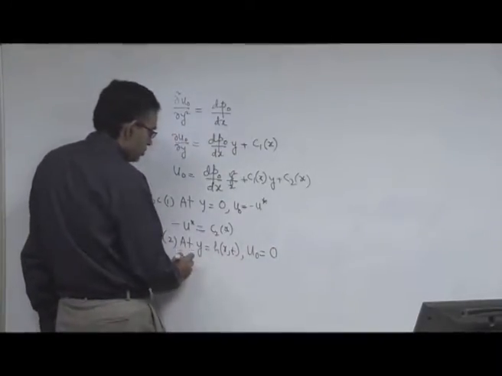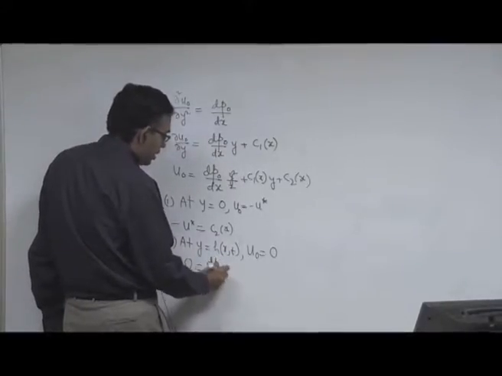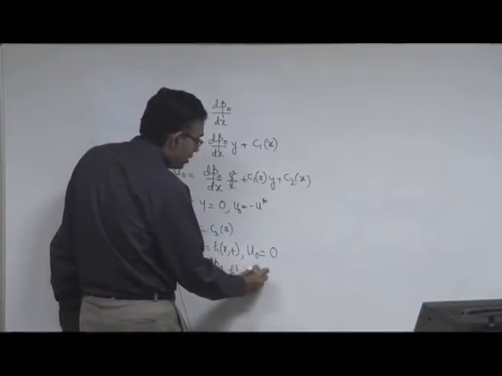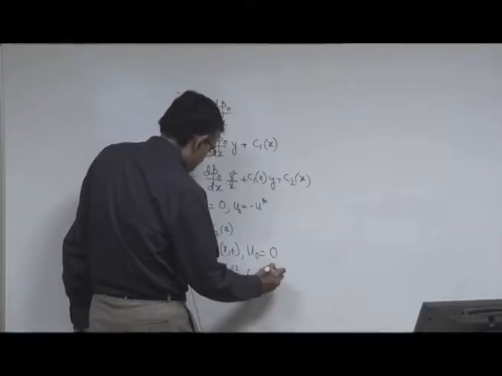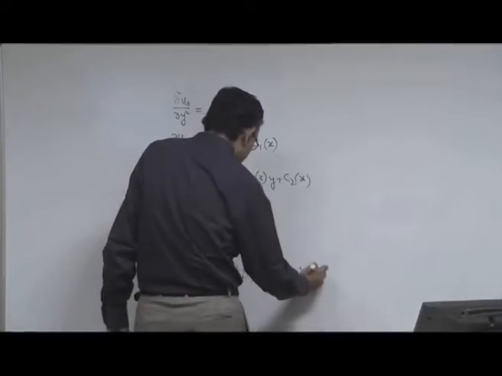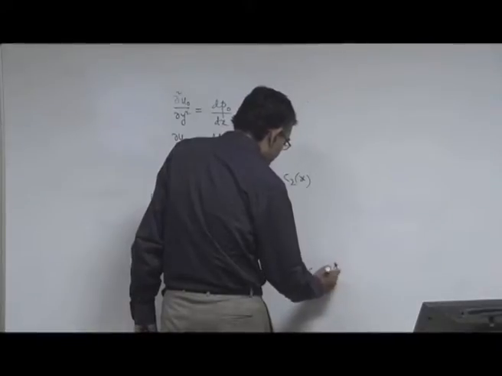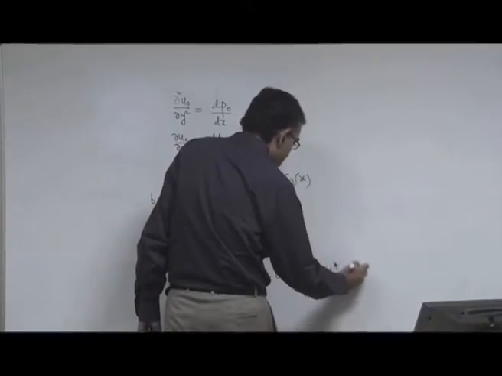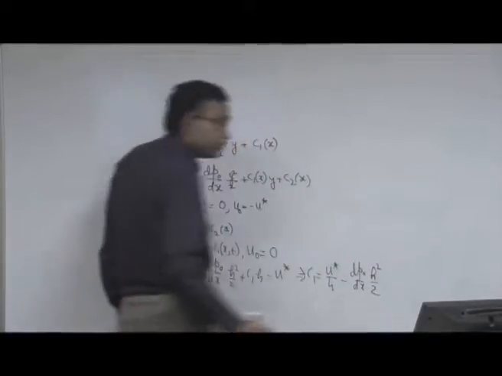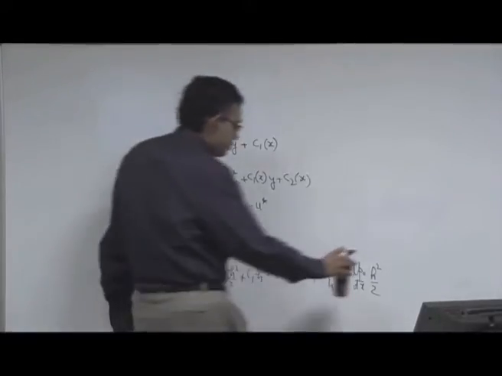So, 0 is equal to dp0 dx into h square by 2 plus C1 h, C2 you can write as minus u star. That means C1 is equal to u star by h minus dp0 dx into h by 2, right, h by 2.